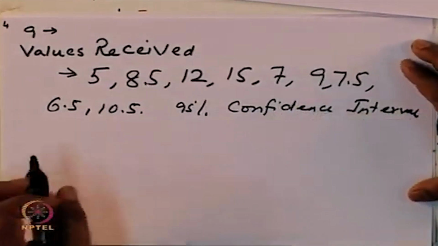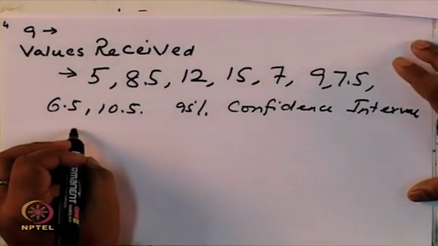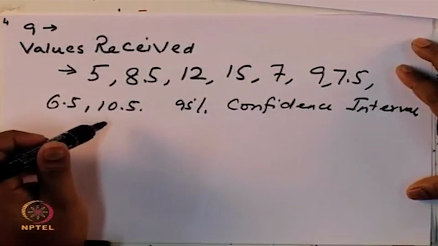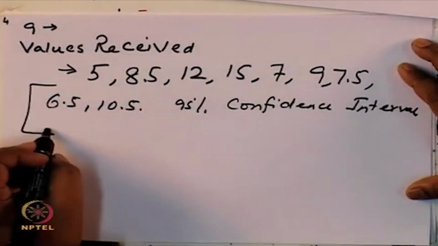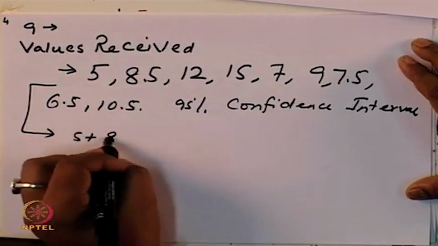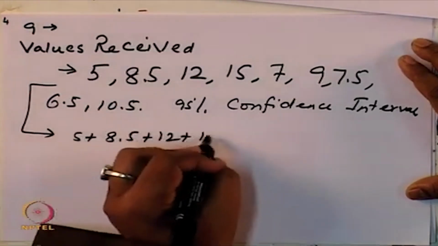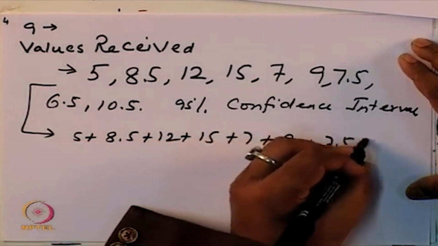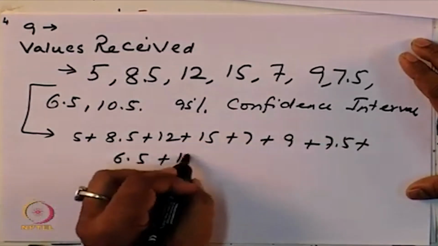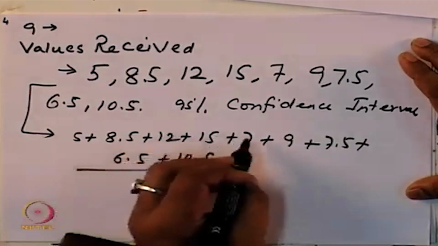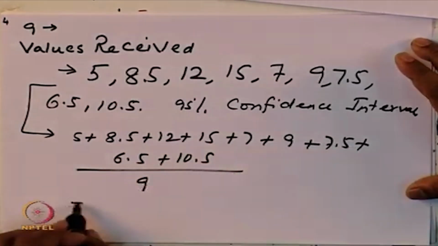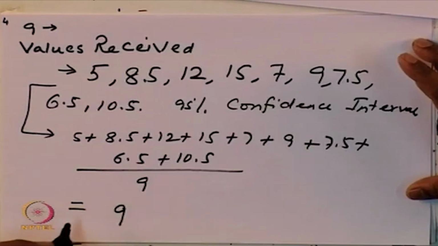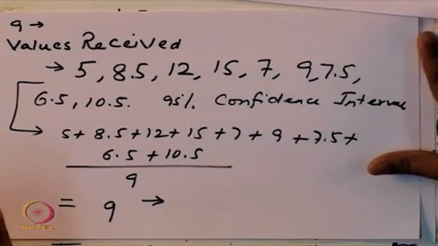So, what do we have? For the 95% confidence interval, your average is the sum of 5 plus 8.5 plus 12 plus 15 plus 7 plus 9 plus 7.5 plus 6.5 plus 10.5 divided by 9, and if you plug in the values, this comes out to be 9.